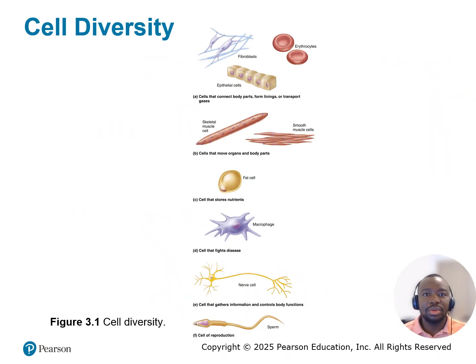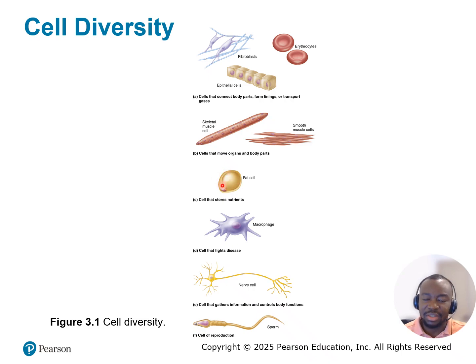This figure illustrates the diversity in cells and highlights the different functional categories of body cells. In figure A here, we see cells that connect body parts, form linings, and transport gases. For example, fibroblasts, erythrocytes or red blood cells, and epithelial cells. Figure B highlights cells that move body parts or organs. Examples include skeletal muscles and smooth muscles. Figure C shows cells that store nutrients.